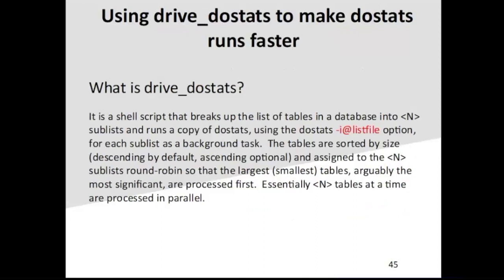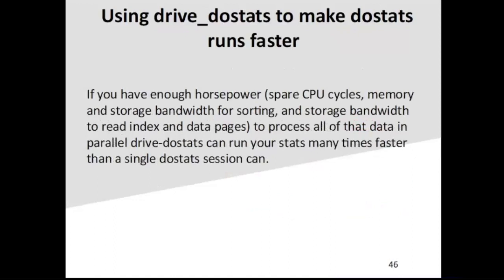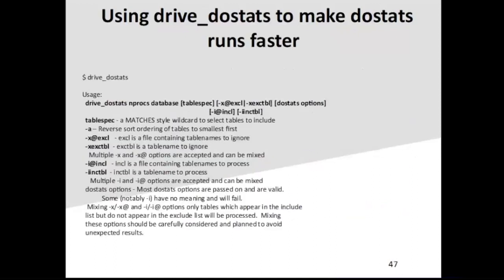Or the reverse of that, the smallest and the next smallest. Basically you get your job done a whole lot faster, although it will use more resources. You have to have the horsepower and cycles available to do that. So here's what the command line looks like.